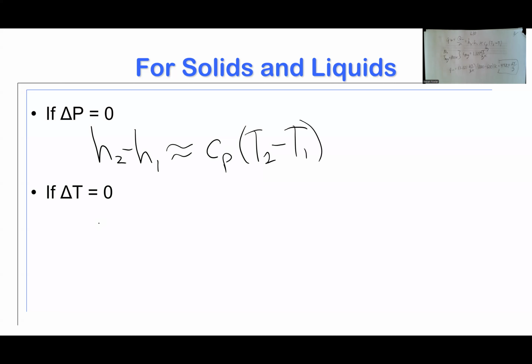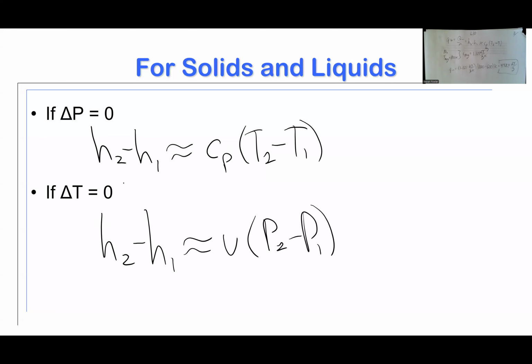And if I've got no change in temperature, but then that means there's probably a change in pressure, then what I can do is describe this change in enthalpy as the specific volume times the change in pressure. This is the equation for what we call an ideal pump.